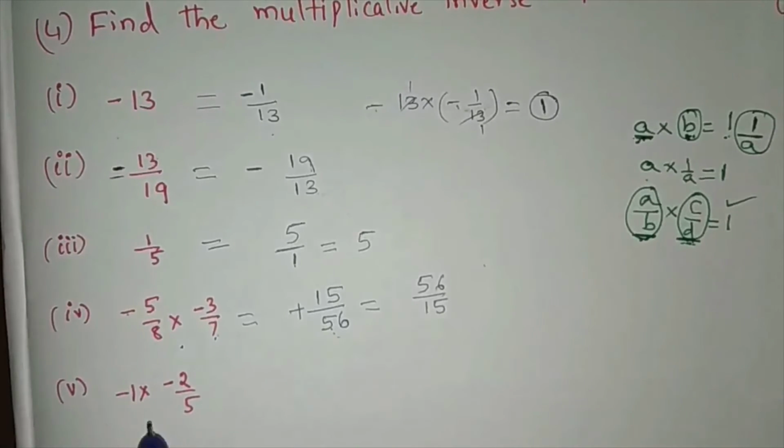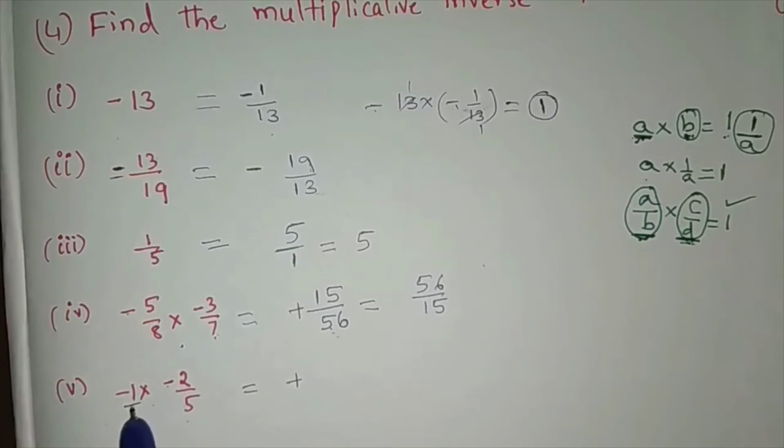Our next one is minus 1 into minus 2 by 5. So first we have to simplify this. Minus of minus is plus, plus 2 into 1, 2. Here we take the denominator as 1, and in multiplication we multiply the numerators and write it as the numerator, and we multiply the denominators and write it as the denominator.